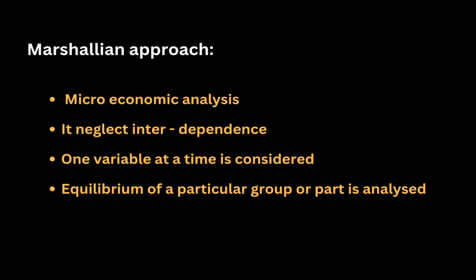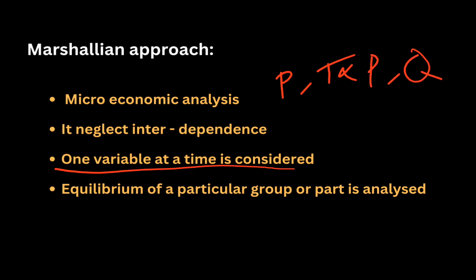Next, one variable at a time is considered. Variables mean factors like taste and preference of the consumer, quality, and quantity. These are the variables which can change from time to time.